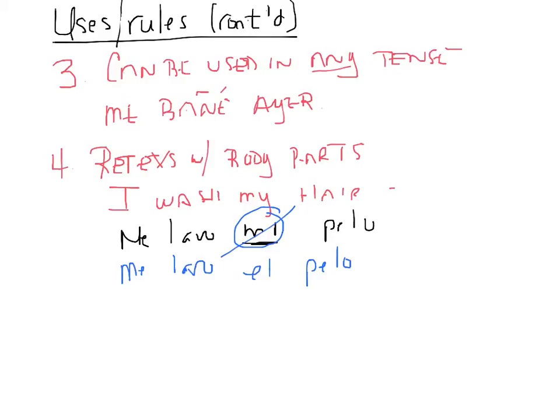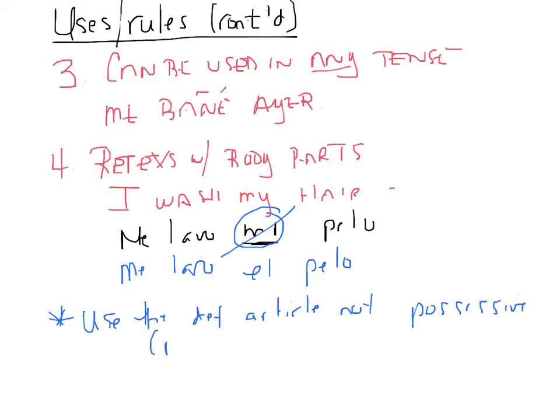So the idea here is that with reflexives and body parts, you're going to use the definite article, meaning el or la, los or las, and not the possessive mi, tu, su, etc. And again, the reason for that is because it's redundant. We already know who the body part belongs to because the verb is reflexive.